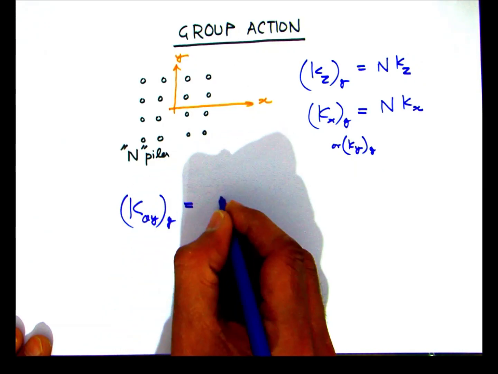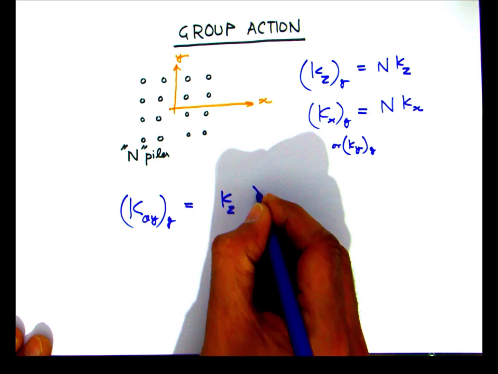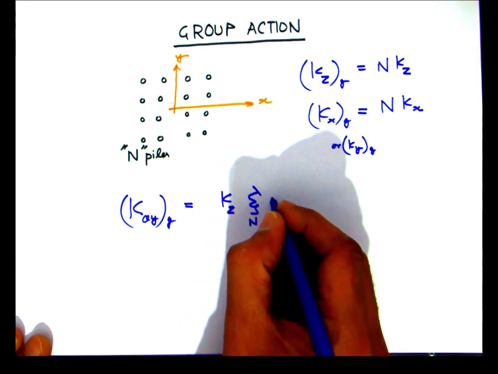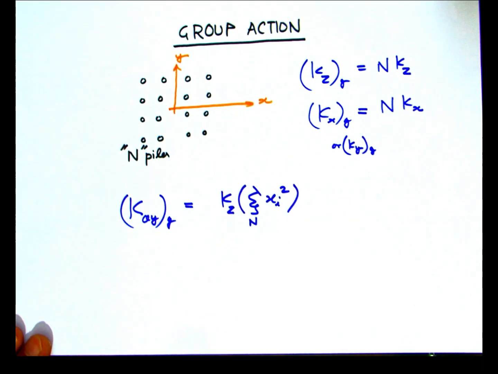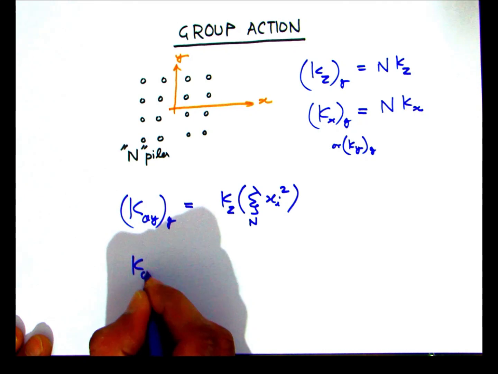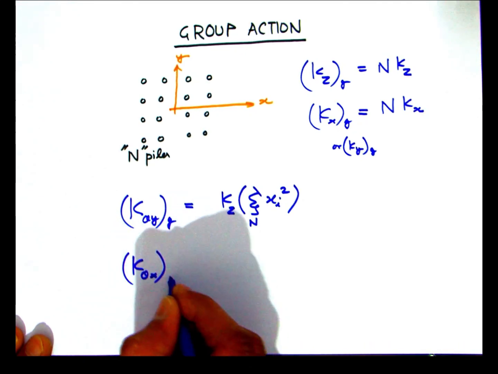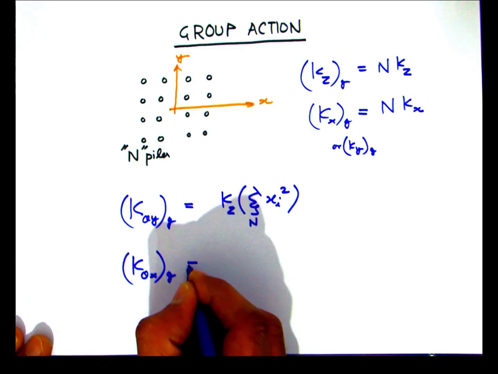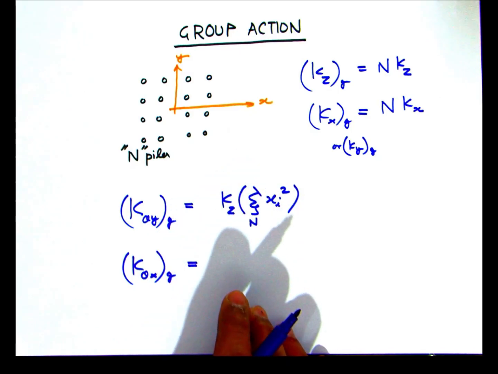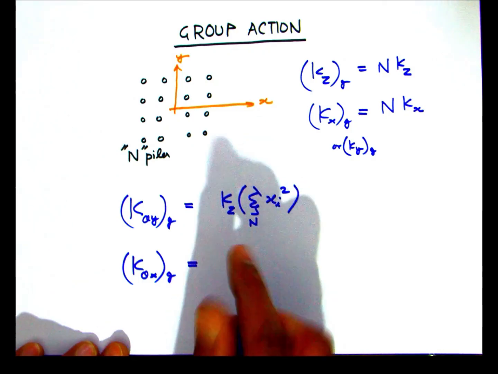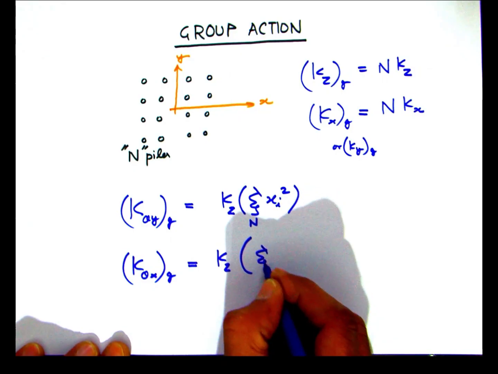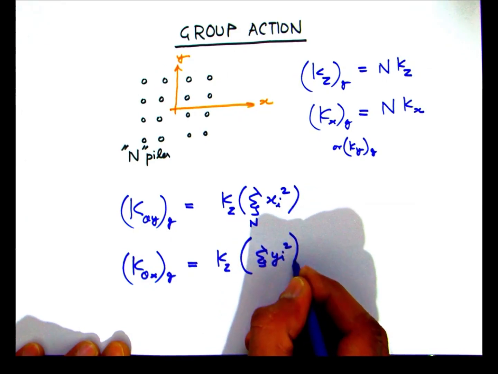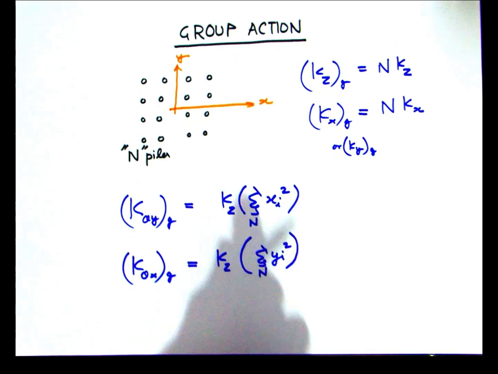Now when it comes to the group stiffness in terms of bending about the y-axis, just like in the case of the elastic pads, it is given by Kz multiplied by the summation of xi square, which we have derived for the case of the elastic pads. Similarly, the stiffness of the group in bending about the x-axis is given by the product of Kz of the individual pile multiplied by the sum of the squares of the coordinates of the piles along the y-axis.